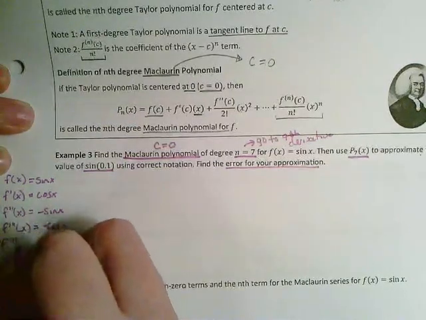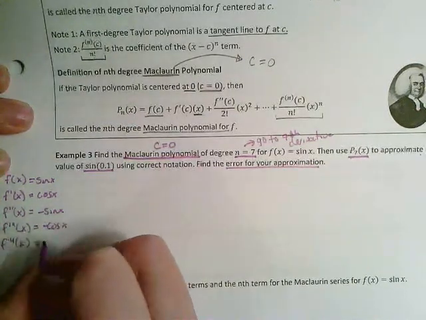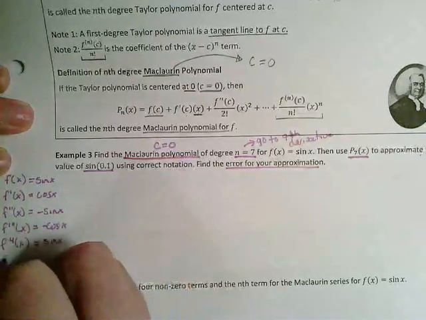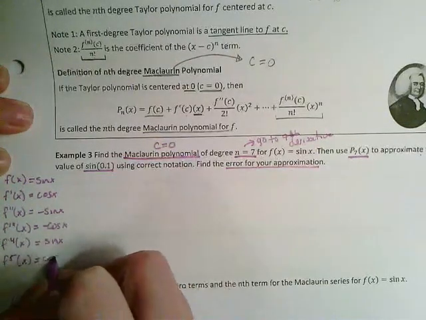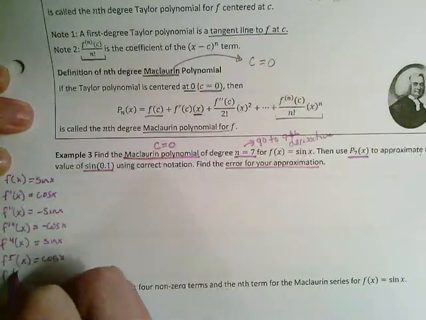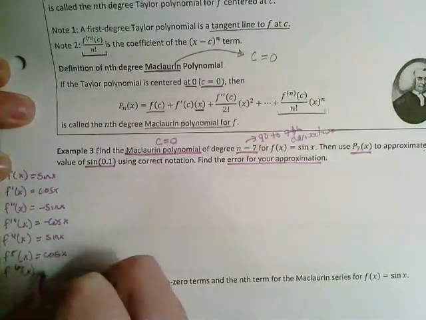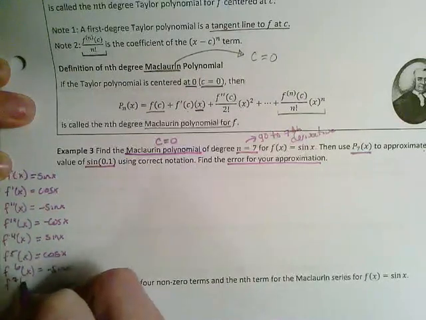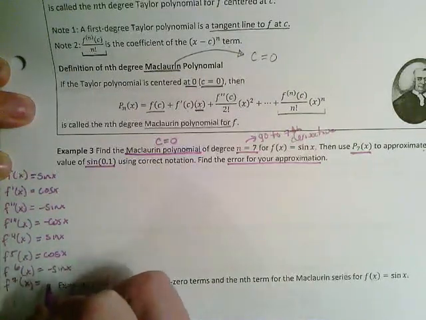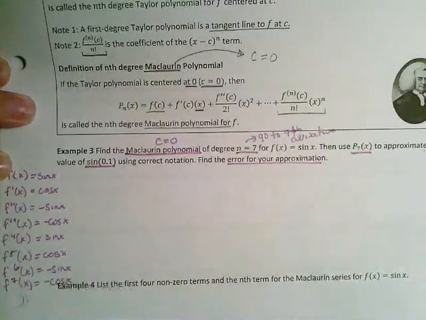F to the 4th of x is sine of x. F to the 5th of x is cosine of x. F to the 6th, negative sine of x. And then f to the 7th, which is where we are going to stop for this specific problem, negative cosine of x.